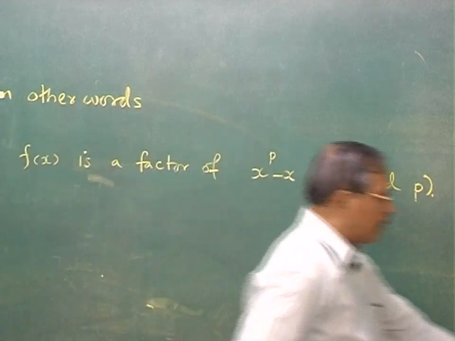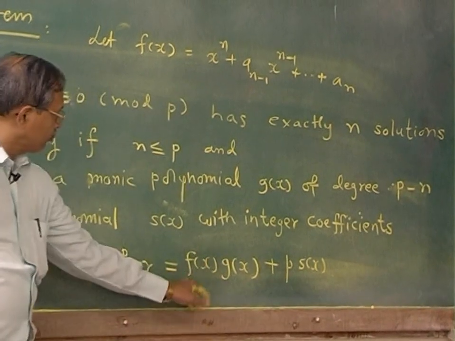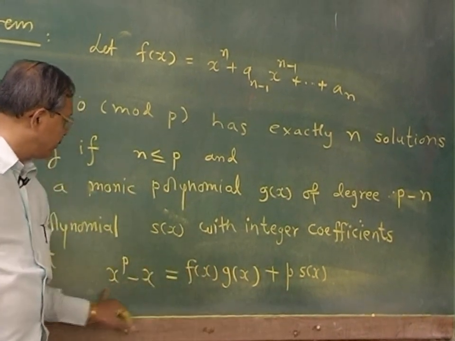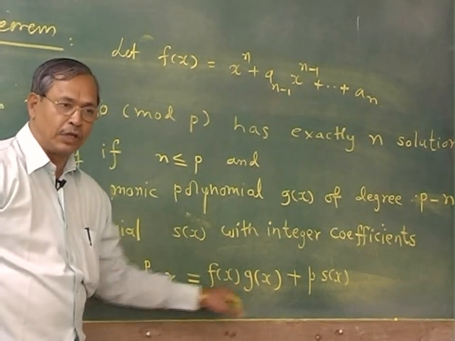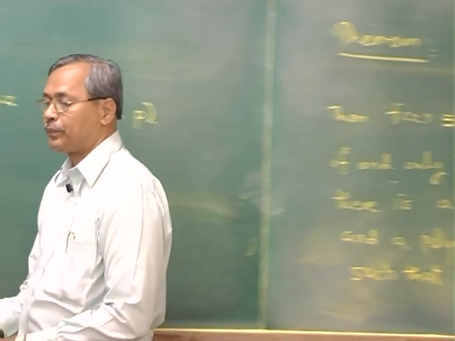So you see that modulo p, this part is 0 and f(x) will appear as a factor of this. It is not actually a factor, but modulo p you can say it is a factor.